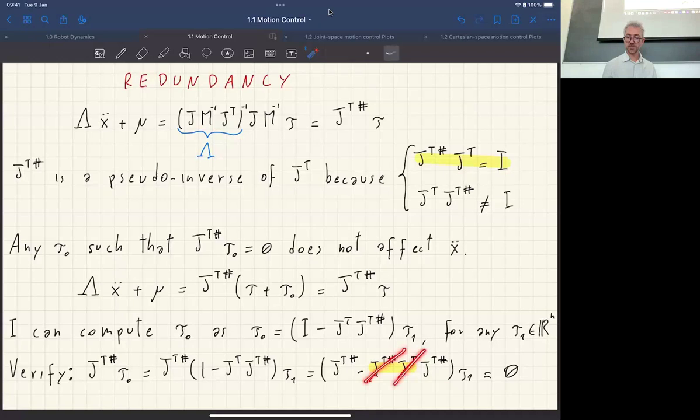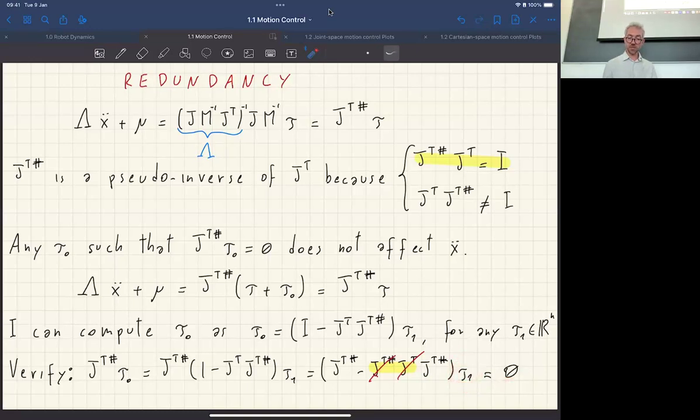So here, these two matrices disappear, and I'm left with J transpose pseudo inverse minus J transpose pseudo inverse, which of course is 0. So this is equal to 0 regardless of the value of tau 1. So tau 1 can be anything. I don't have any constraints on tau 1.